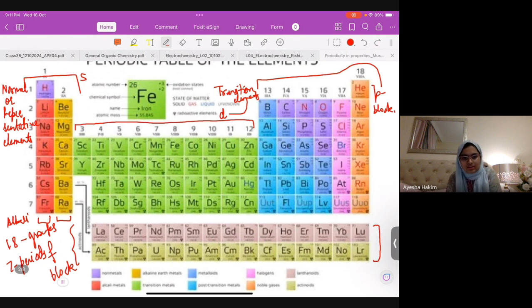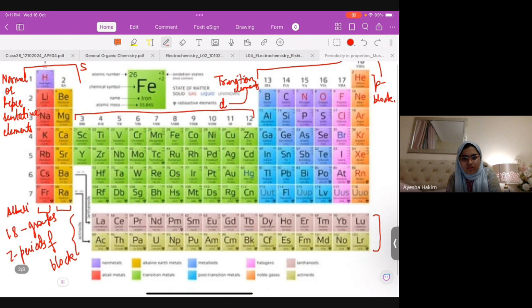So there is no such specific name for P block element, but there is a common name for F block element. Do you know that one? F block element, these are lanthanoids. Lanthanides and actinides are again separate.